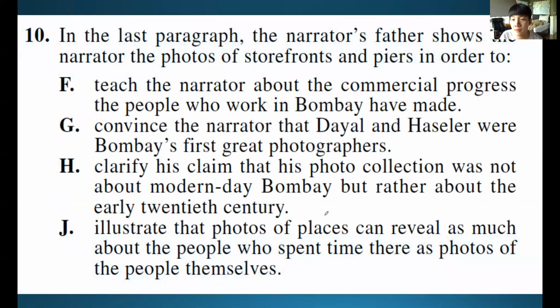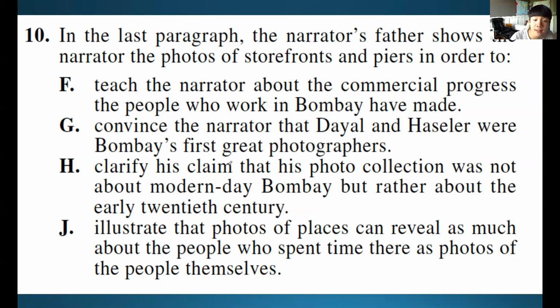10. In the last paragraph, the narrator's father shows the narrator the photos of storefronts and piers in order to, this one goes really well with question 2. And it says the narrator's father showed him still lives of storefronts and piers. It says, see where people lived and worked and shopped.